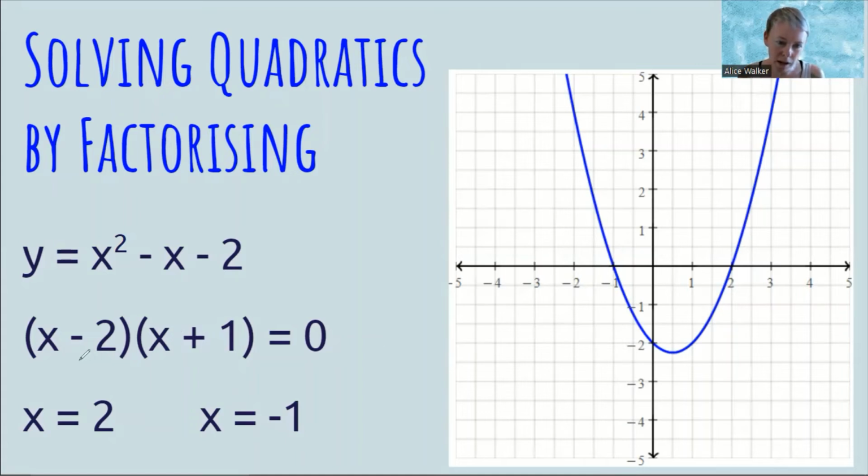So logically, either x minus 2 equals 0, meaning that x would be 2, or x plus 1 equals 0, meaning that x must be minus 1, because minus 1 add 1 equals 0. So quadratics have 2 different solutions.